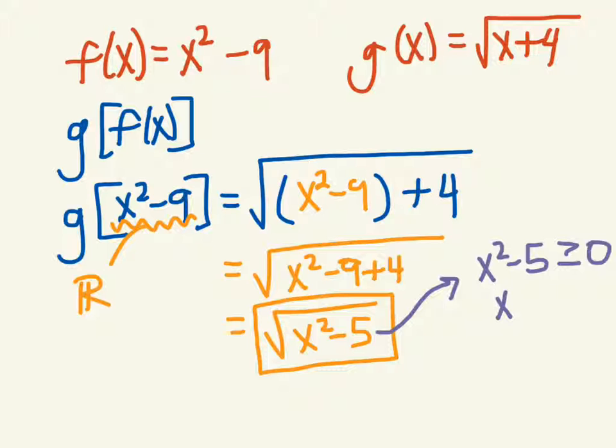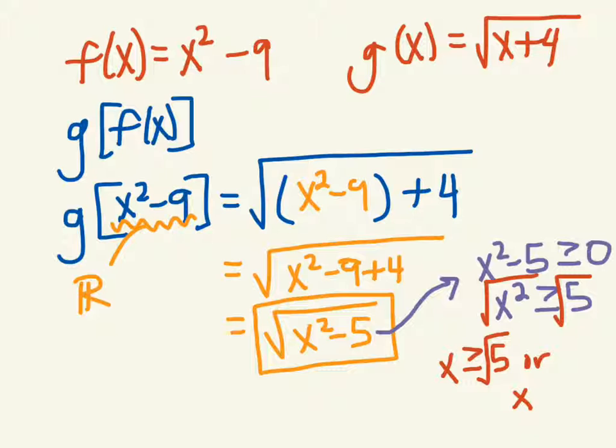So if we solve this, x squared greater than or equal to 5, and then we go ahead and take the square root of both sides. So we're going to get x is going to have to be greater than or equal to the square root of 5, or x is going to have to be less than or equal to the negative square root of 5.